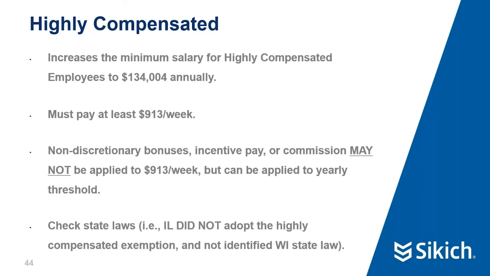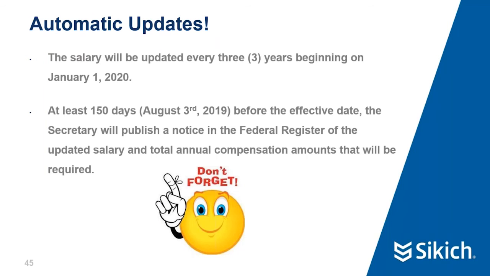And you'd want to check your state laws. For example, Illinois did not adopt the highly compensated exemption, and it was not identified in the Wisconsin state law. So therefore, it just falls back to having to pay them at least $913 a week.